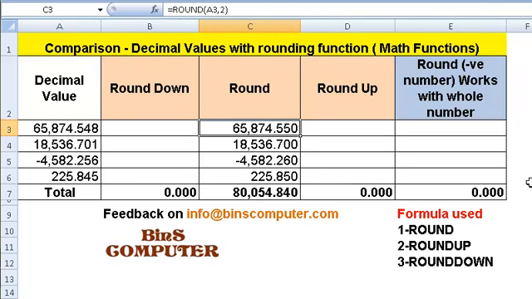In the second case, .701 is rounded to .7. That means 1 on the third place is less than 5, so it has been rounded to the lower value of the decimal. In the third case, .256 is converted to .26, as the third place of decimal is greater than or equal to 5, so the second place is rounded up to 26.